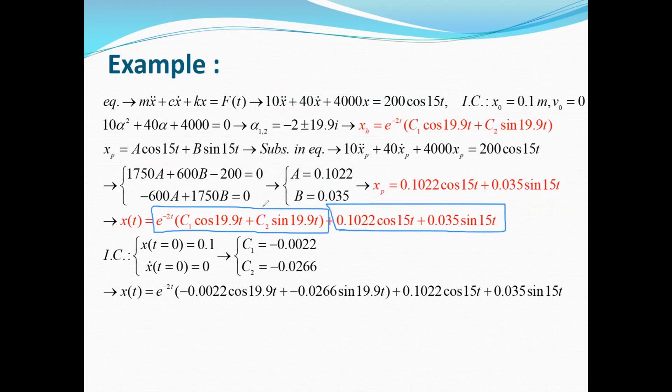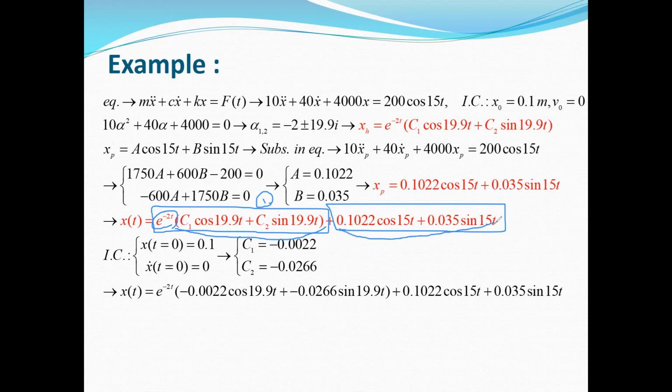For the first part, because this is a combination of exponential and cosine and sine functions, the derivative is the derivative of the exponential term, minus 2 times exponential minus 2t, multiplied by these parentheses, plus the derivative of the parentheses multiplied by the exponential term. So this is the derivative of the first part.